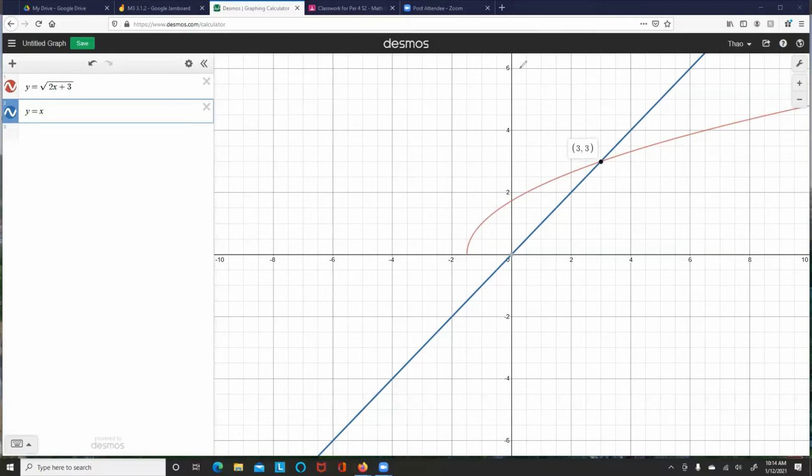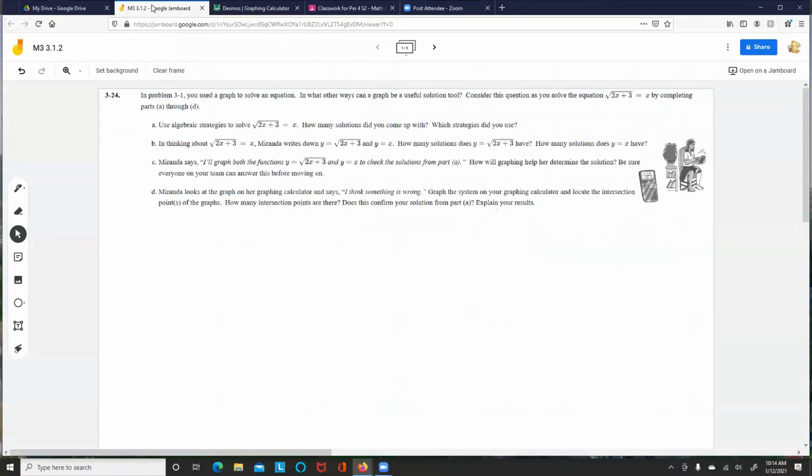So I'm going to clear this and go back to our Jamboard. Let's answer part C. Graphing showed us that one of the solutions was not actually a solution.